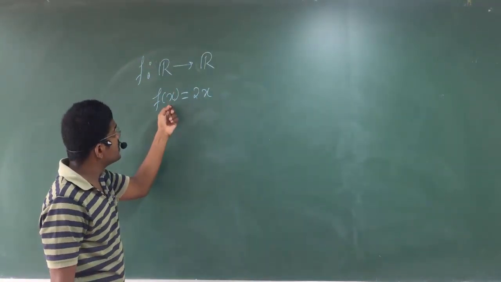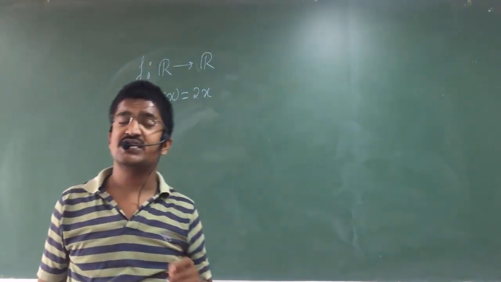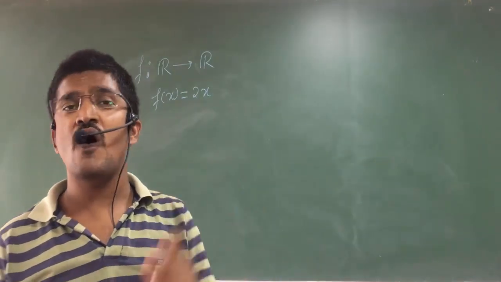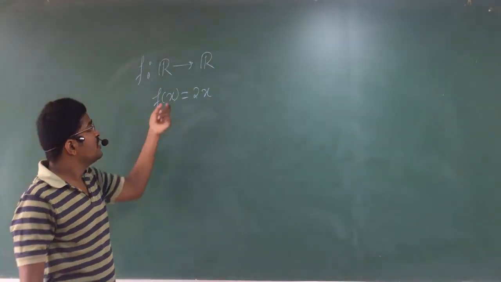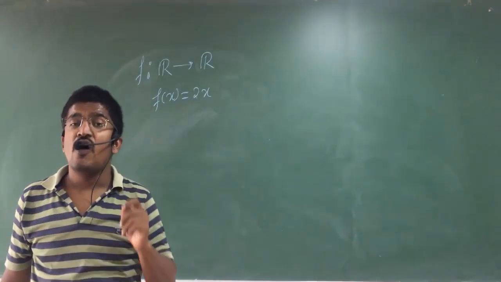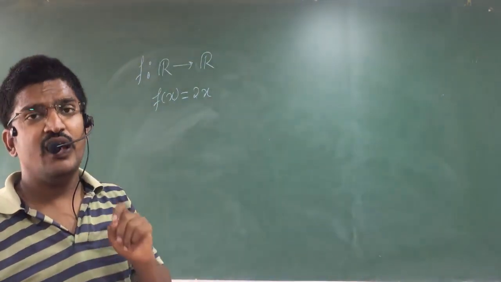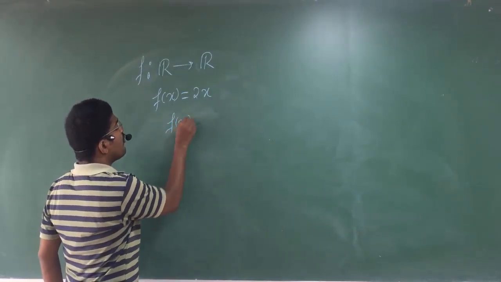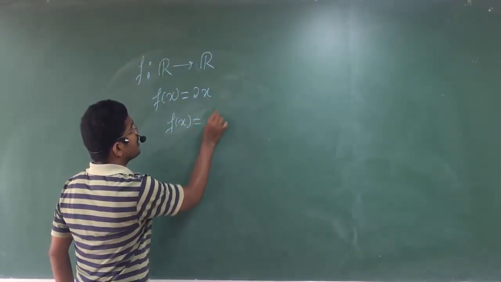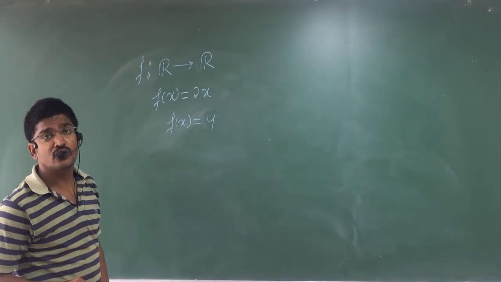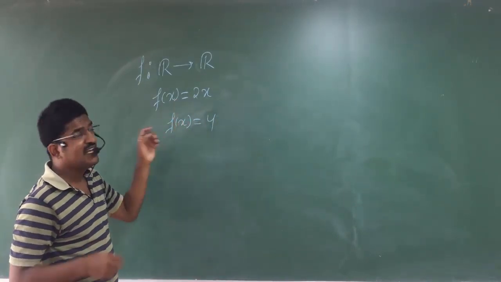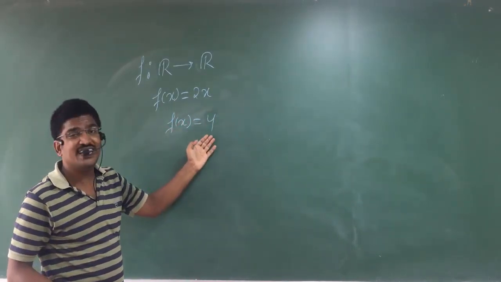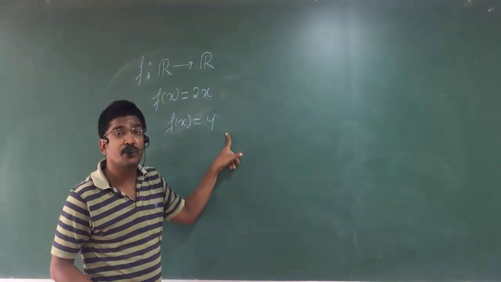Now you have to check whether this particular function is onto or not. Clear? Okay. So for that reason, I will write f of x equal to y. That means the notation f of x, I will write it as y. Y is not a separate variable.